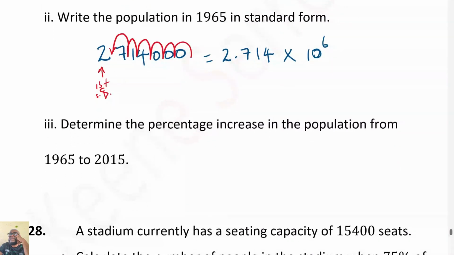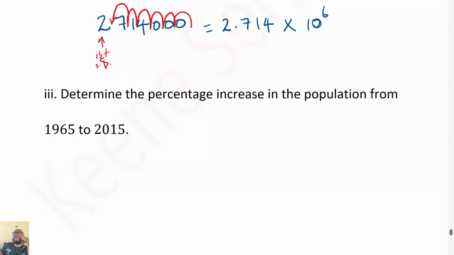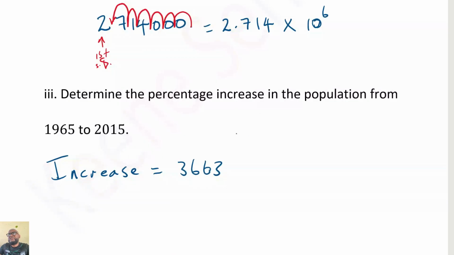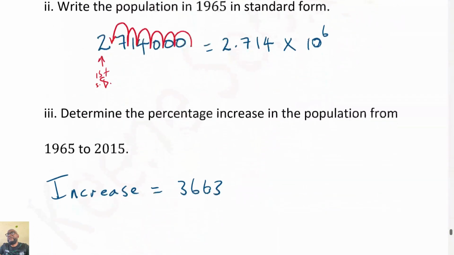Determine the percentage increase of the population from 1965 to 2015. So let's find the increase first. Everybody agrees? The increase will be equal to 3,663,900 minus 2,714,000.